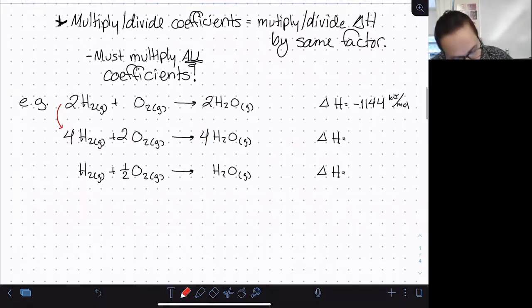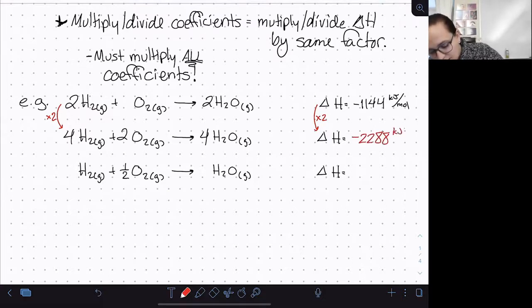We've multiplied everything in this reaction by 2, which means that we need to do the same thing to our delta H. Twice as much heat is going to transfer when twice as much material reacts. So this will be negative 2288 kilojoules per mole is the enthalpy change for this reaction.